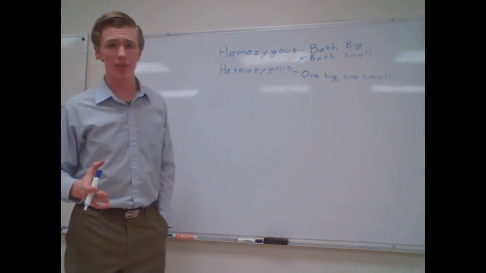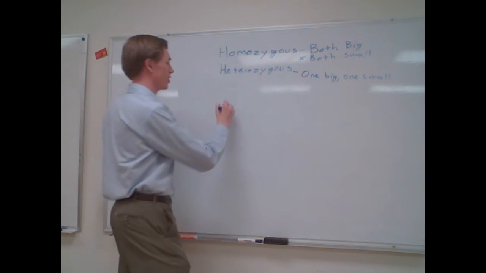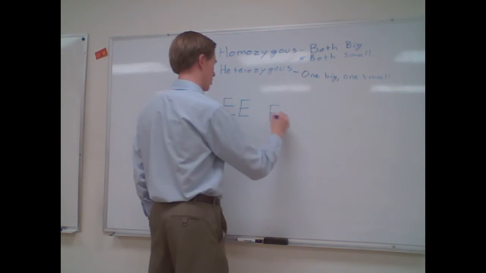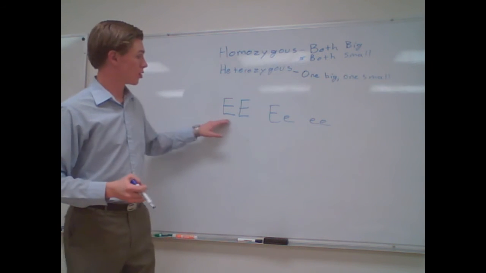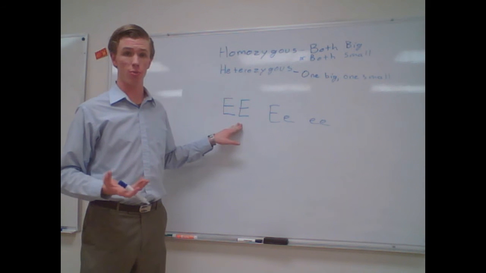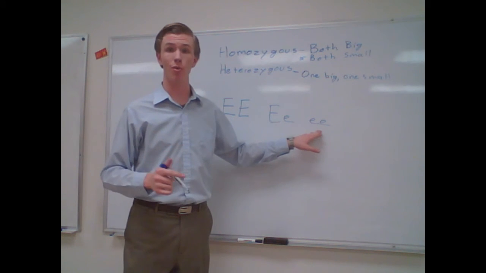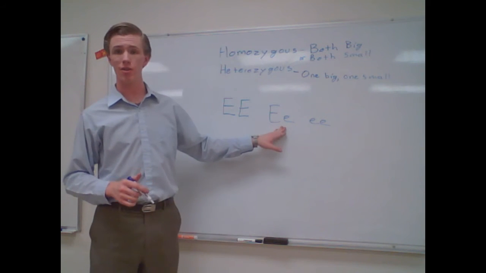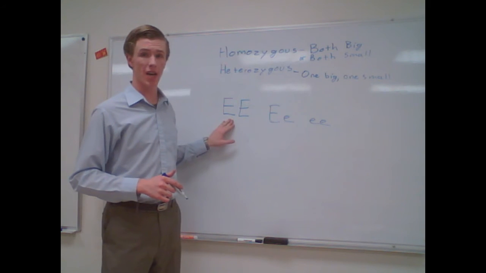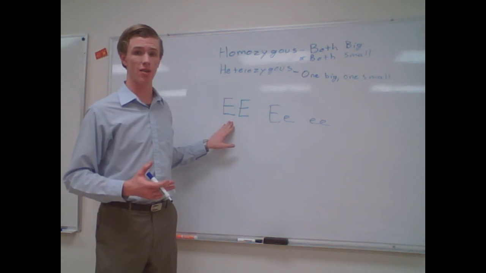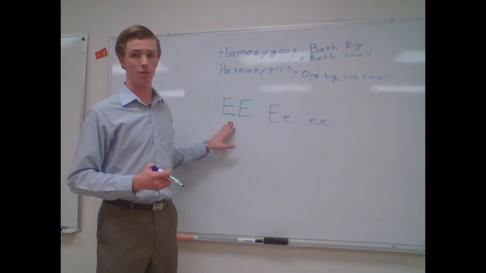So out of any given set of normal alleles, and again we can look at the ears because we've seen that letter before, you have 3 basic options. You can have a homozygous with 2 big letters, a homozygous, meaning 2 of the same letter, with 2 small letters, or a heterozygous in the middle. Homozygous with big letters is called homozygous dominant because it has 2 big letters, which are the dominant gene.